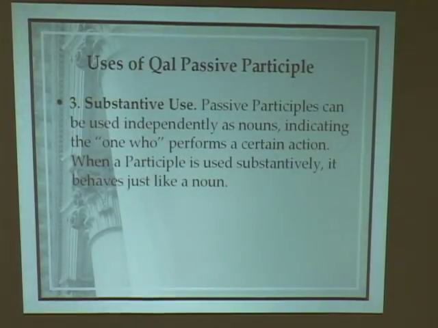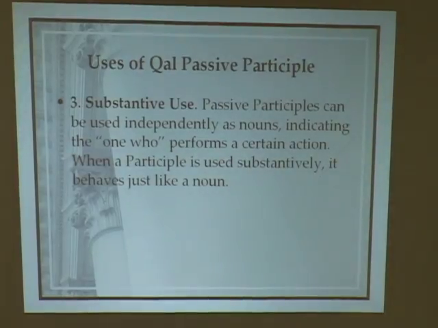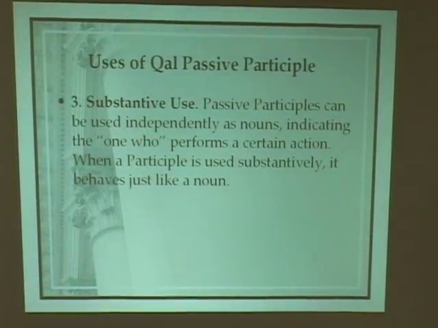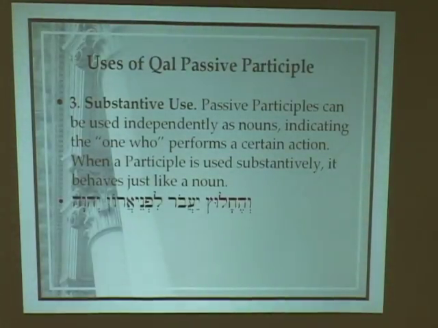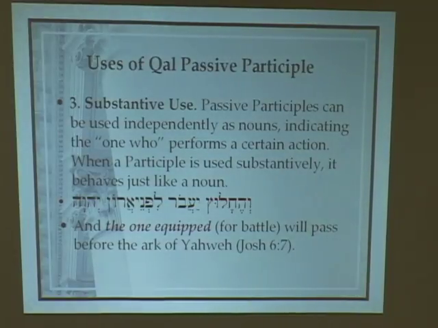And then the last type of usage is substantive use. Passive participles can be used independently as nouns, also like active participles, indicating the one who performs a certain action. When a participle is used substantively, it behaves just like a noun. For example, in this following sentence, Vehechalutz ya'avor lifne aron Adonai.